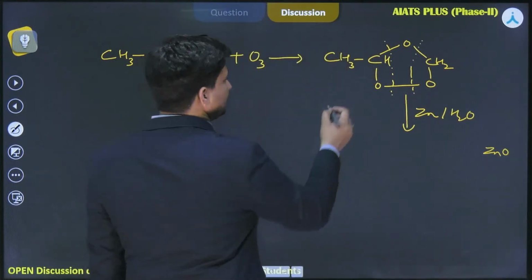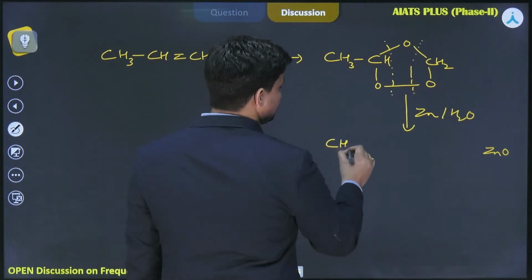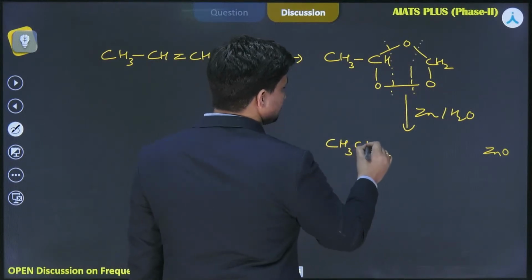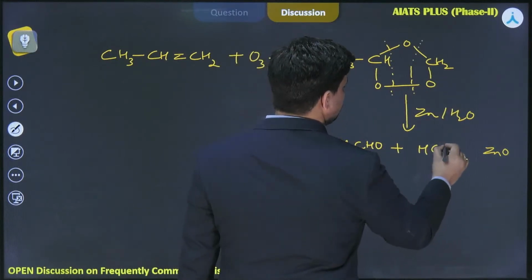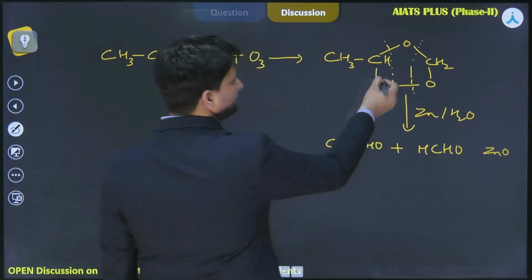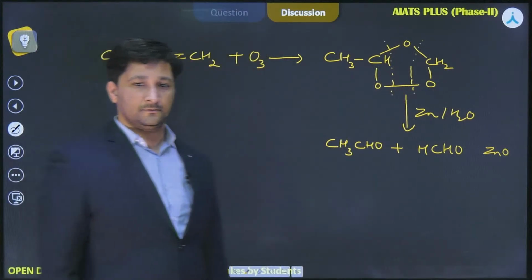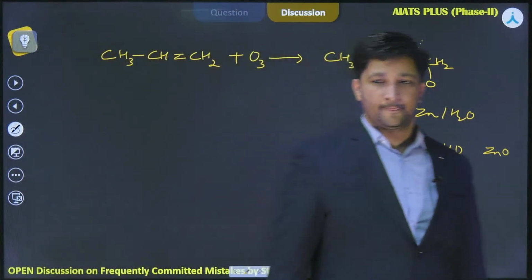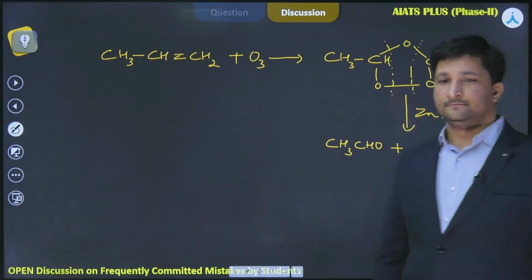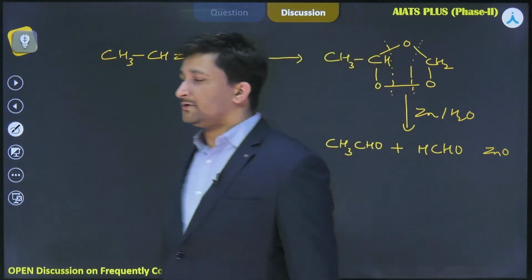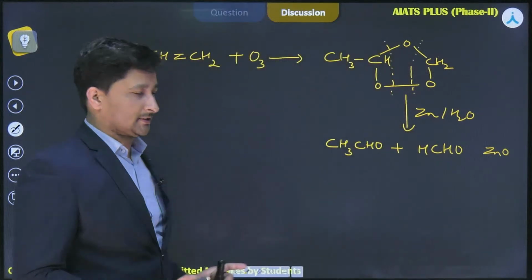Again, you will find here that CH3CHO will be formed, plus, again, you can see HCHO. So these oxygens will form a double bond with the carbon. Exactly, Rahul. You have written the correct thing.